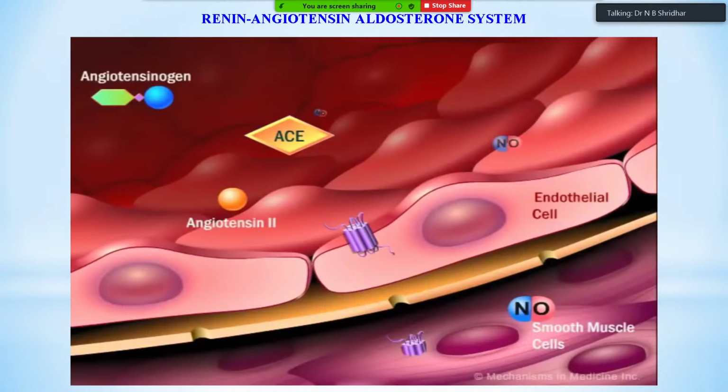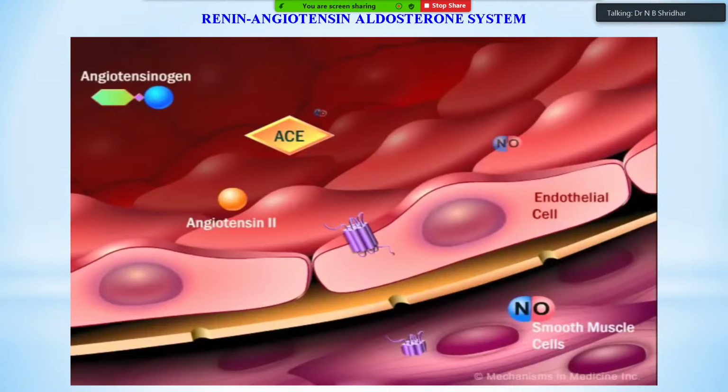Apart from this, ACE also acts on bradykinin, decreasing nitric oxide synthesis, and acts on angiotensin 2 receptors, so smooth muscles are contracted. Aldosterone causes sodium retention and increased blood pressure, which causes a negative feedback mechanism to release less renin.